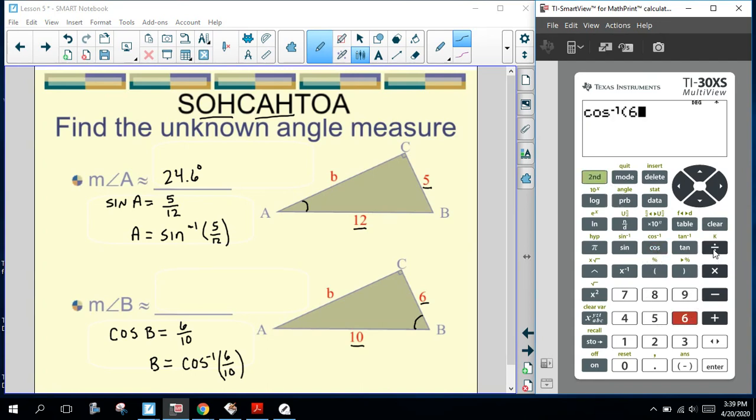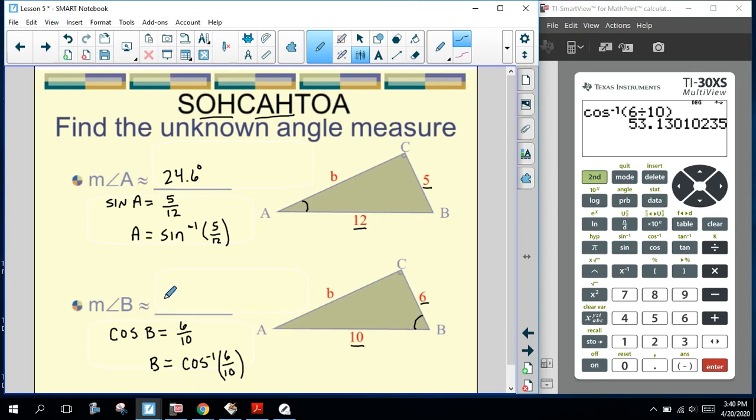And maybe I don't do the fraction. Maybe I do division this time. So 6 divided by 10, close parentheses. So the cosine inverse of 6/10, and enter. My angle measure is approximately 53.1 degrees. Equation, what goes into the calculator, and my answer at the end.